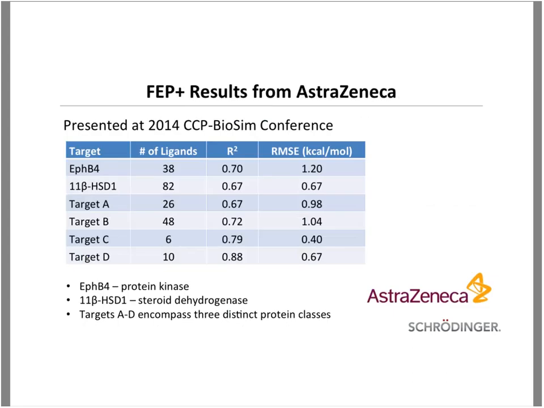Here's another presented result by AstraZeneca. This was done already 2 years ago at the CCP Biosim conference. They did both retrospective and prospective validation across a very large number of targets, and a small number of targets, but with a very large number of ligands, and got RMSE values that were very comparable to what we've been able to generate internally.